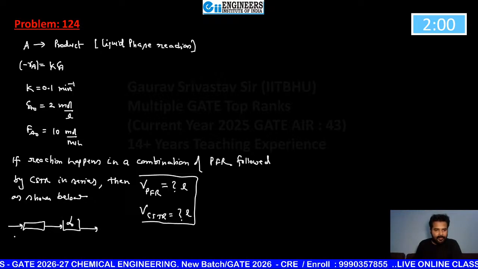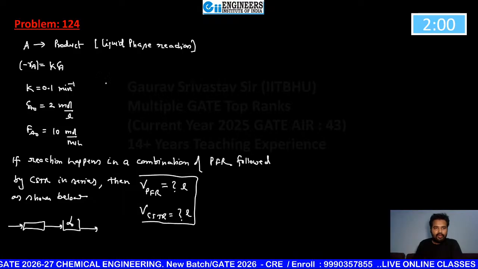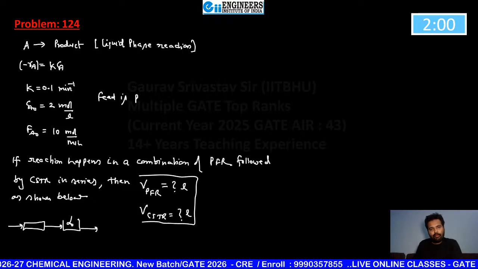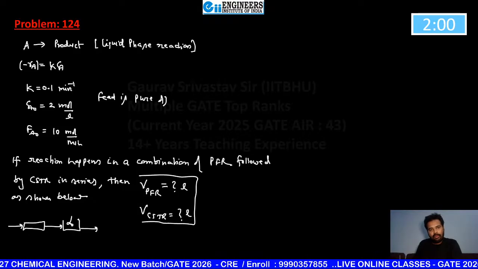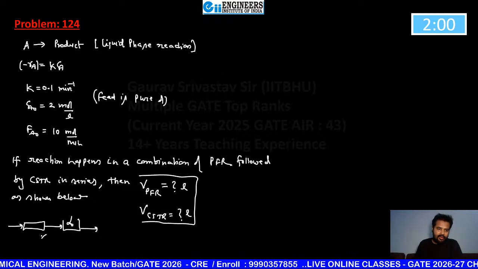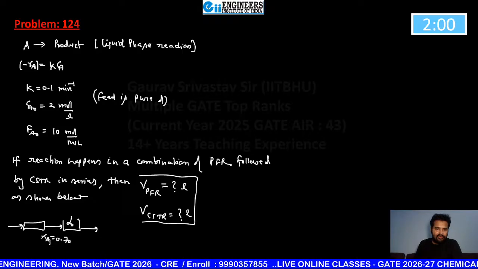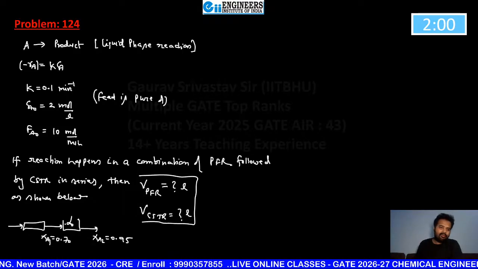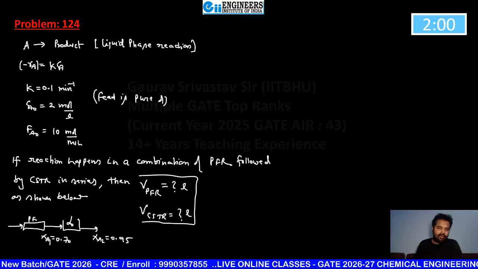Okay, and they're also mentioning feed is pure A. देखो इतना बड़ा क्वेश्चन बना दिया आपके लिए. And here the conversion they are writing in this diagram 0.70, and here they are writing 0.95. This is PFR, this is CSTR.